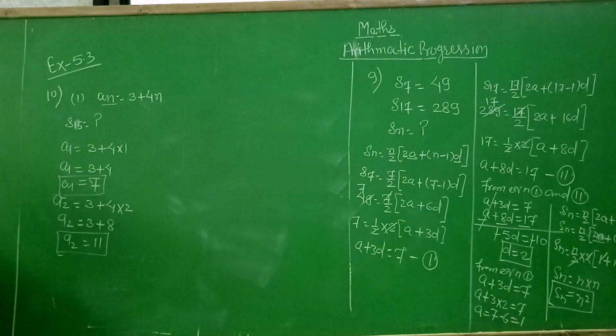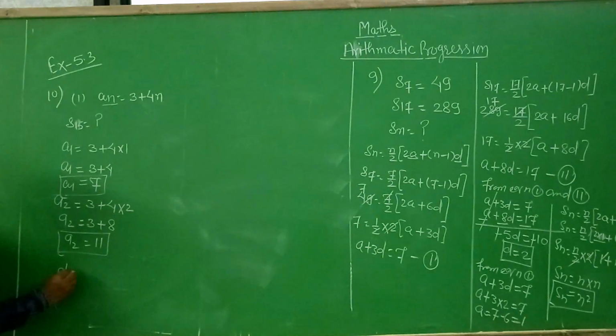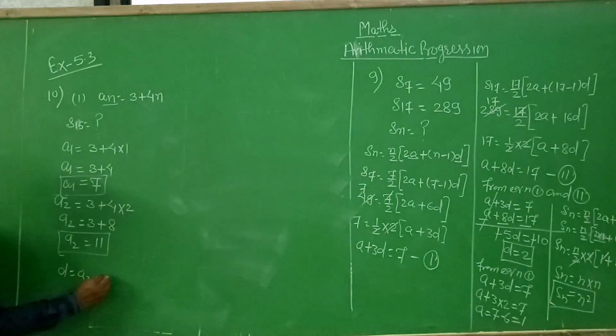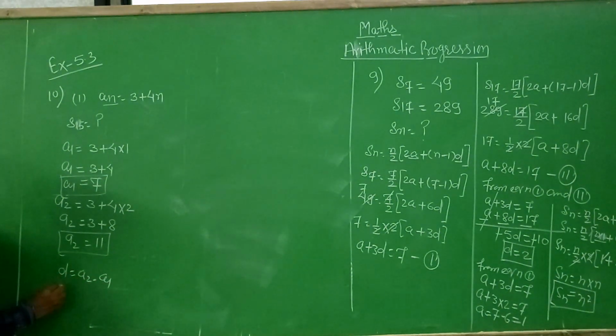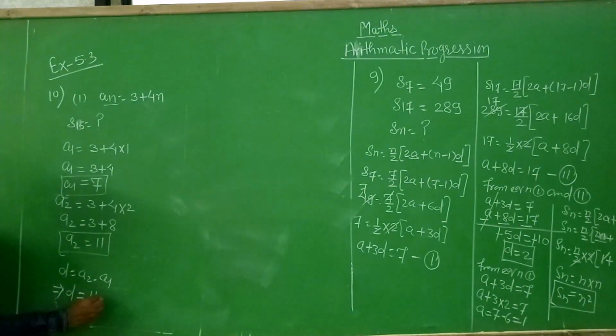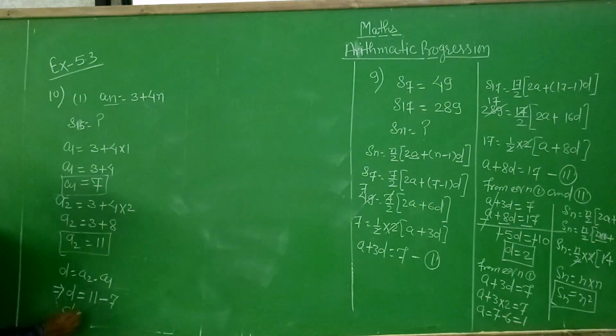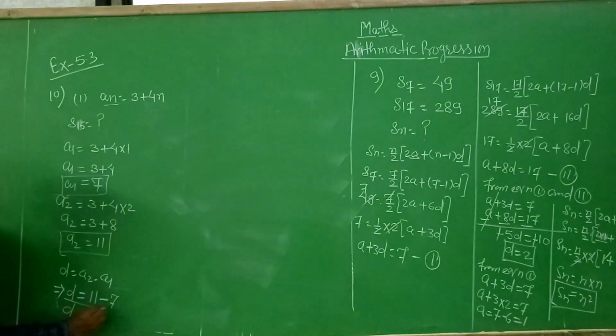After that we find the common difference. d is equal to a2 minus a1. a2 means second term, this is 11, a1 means first term, it is 7. Therefore d is equal to 11 minus 7, this is equal to 4.